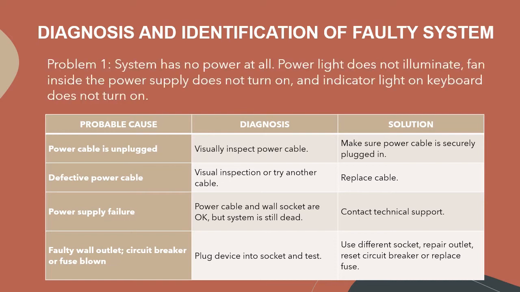Number 1, the system has no power at all, and the power light does not illuminate. Fan inside the power supply does not turn on, and indicator light on keyboard does not turn on. So when you turn on your PC, the light does not turn on, the system fan, if you have noticed, is not also turning on, as well as the keyboard.